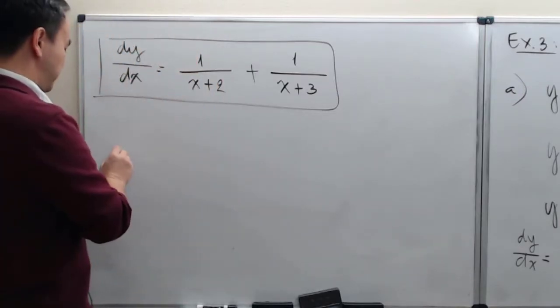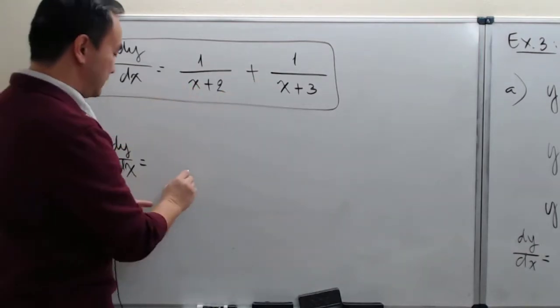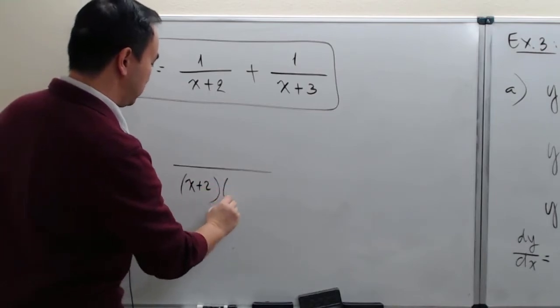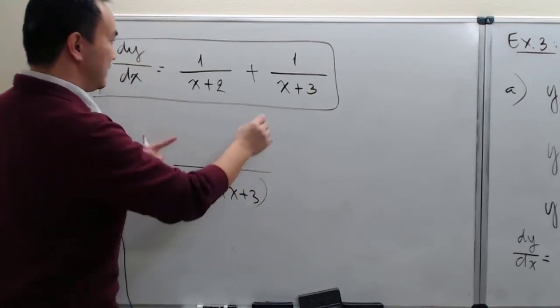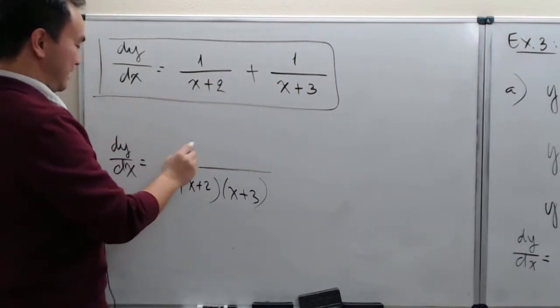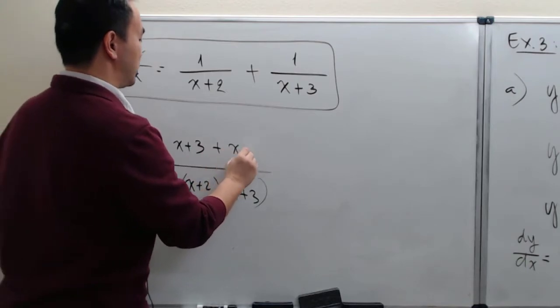So if we make a common denominator, then this is going to be x plus 2 times x plus 3 as our common denominator. And then that's multiplied for 1, the x plus 2 multiplied for the other one. So now we're looking at x plus 3 plus x plus 2.